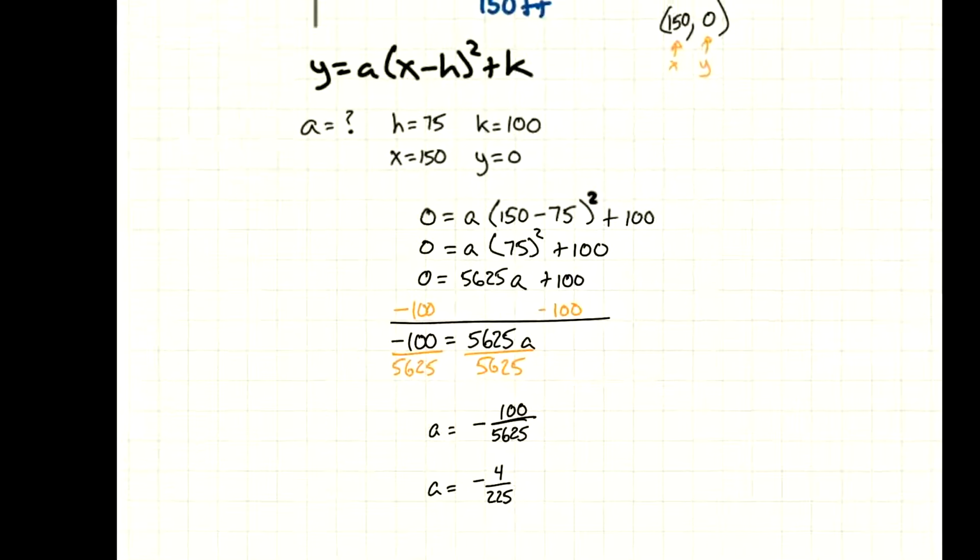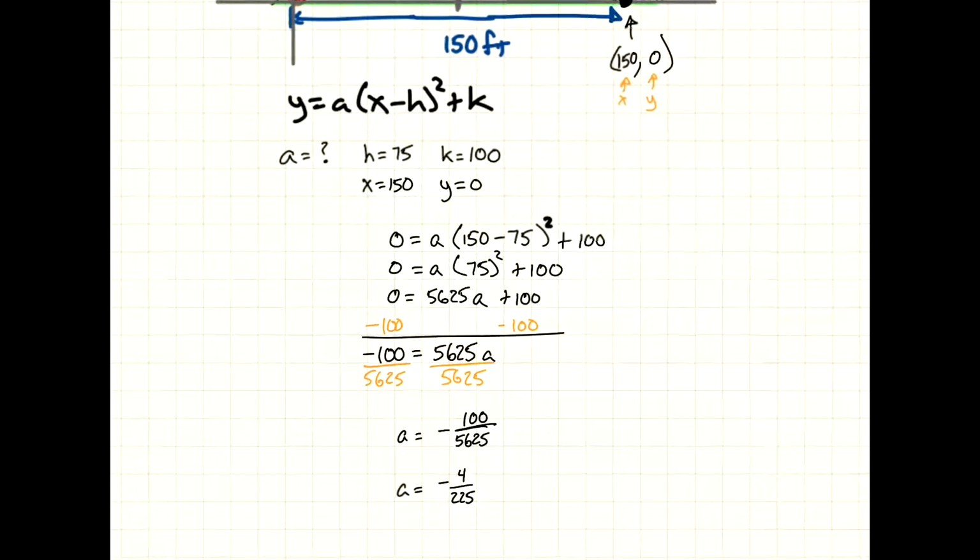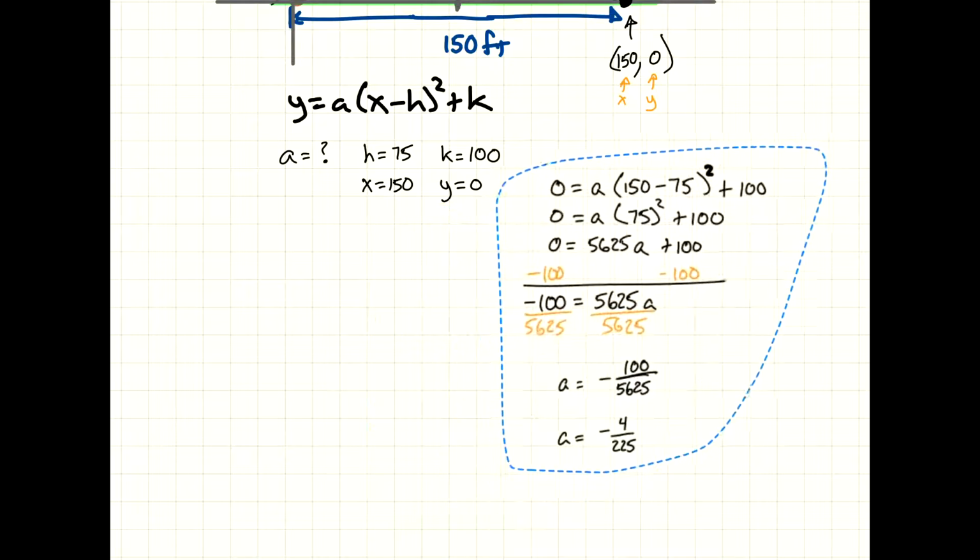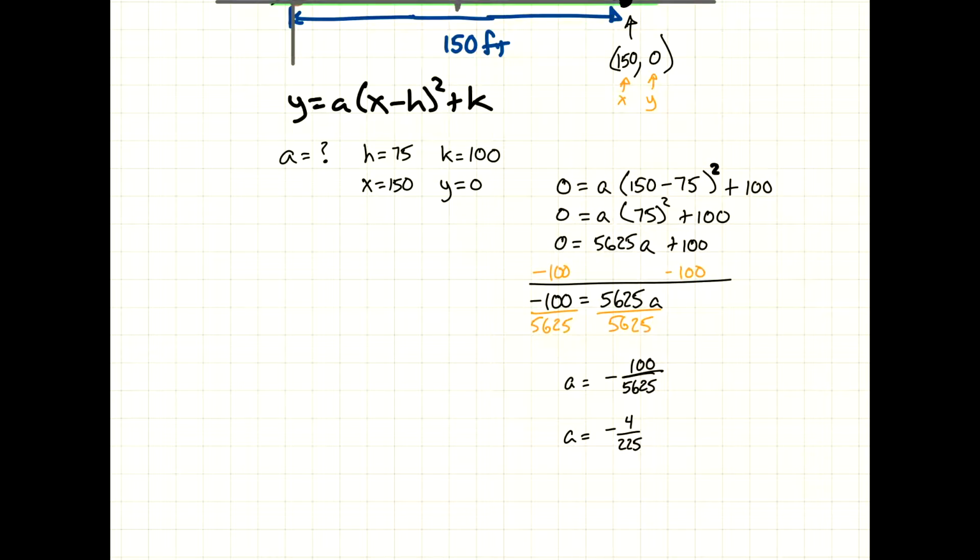Okay, so most of this work is really just focused on finding the A value. Because once we're done, then we could write our final equation, which is going to be y equals negative 4 over 225.